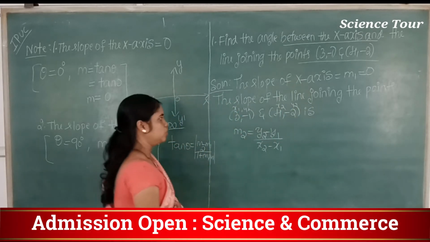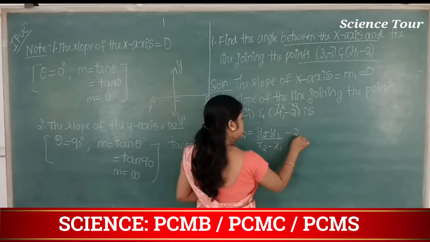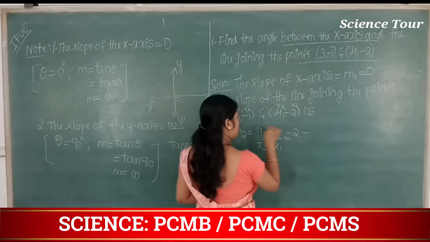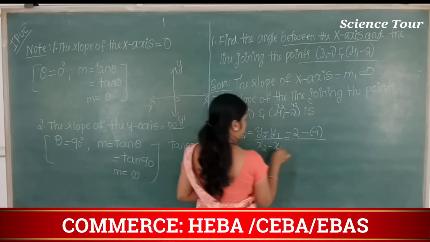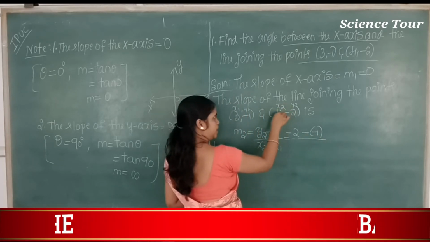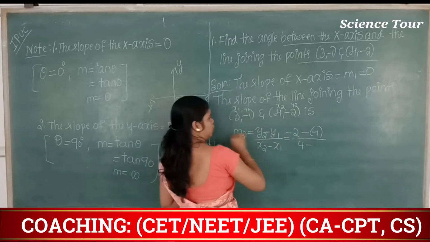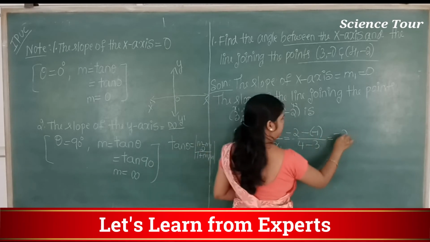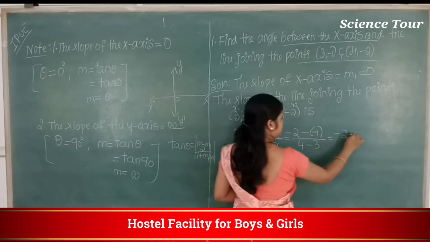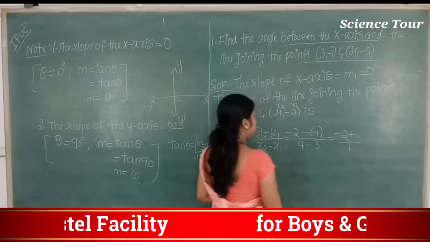We'll substitute into the formula. What is the value of y2? Minus 2, minus y1, which is minus 1, by x2 value, how much? 4, minus x1 value, how much? 3. So this is equal to minus 2, minus into minus will become plus 1, by 4 minus 3 is equal to 1.